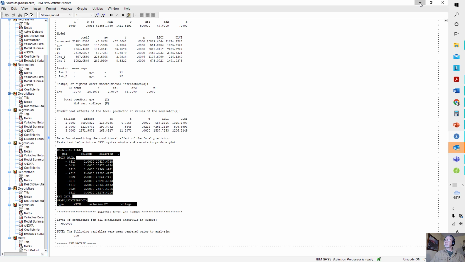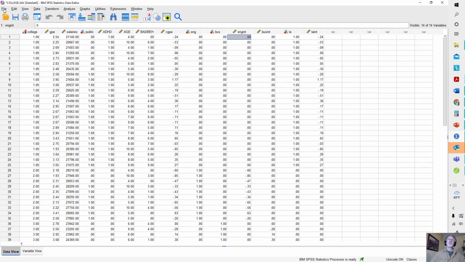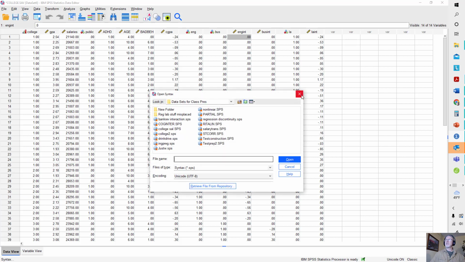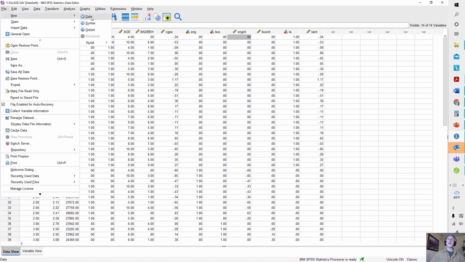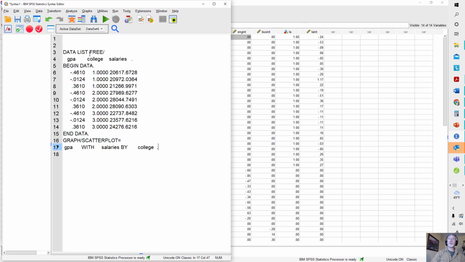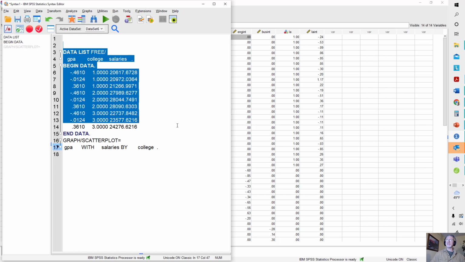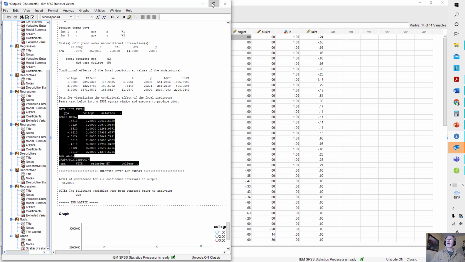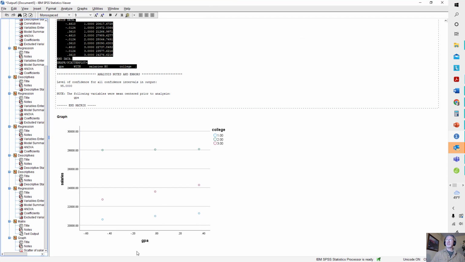So you basically take that, you open up a new syntax, go ahead and Control V, drop the code in there. It's a whole program, olden days notation for running a program, and you run that, and it gives you a nice graph.